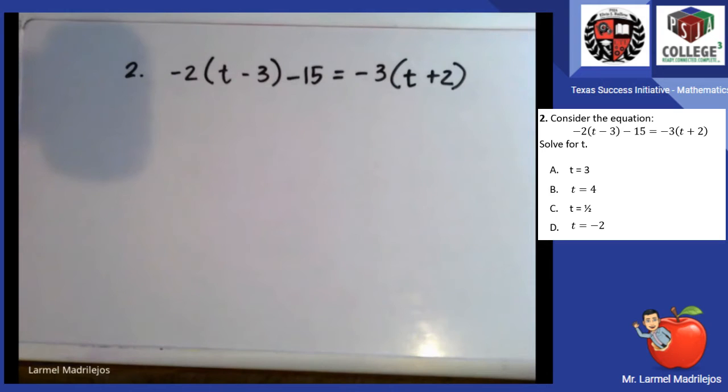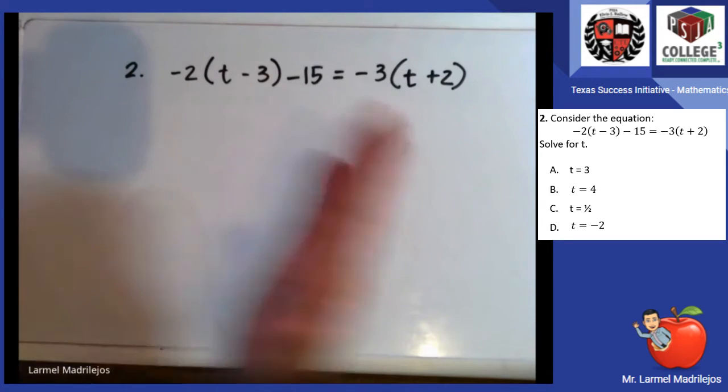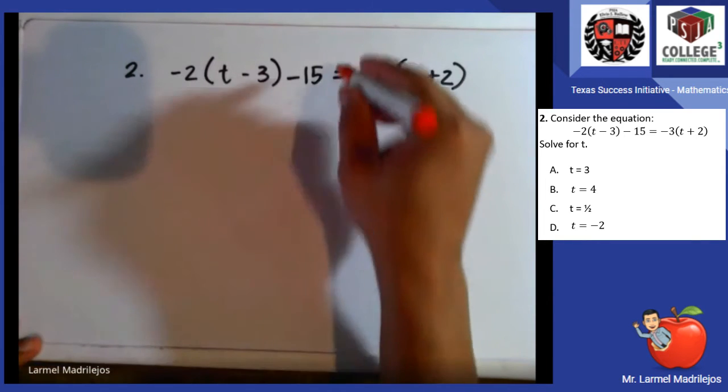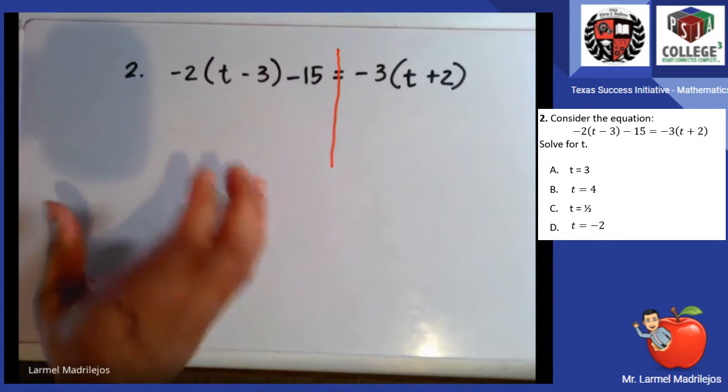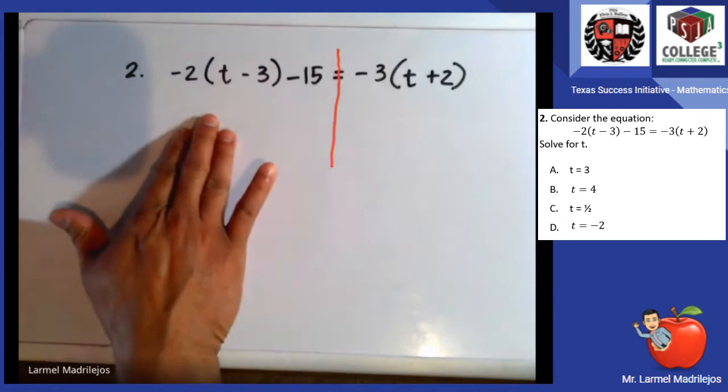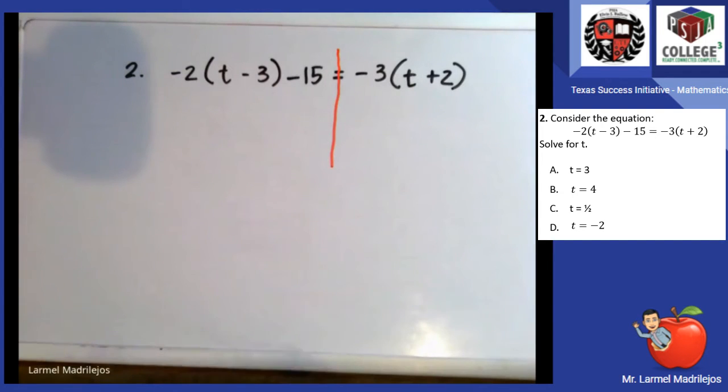So I'm going to start with, like I said, we have two sides, the left side and the right side. I need to do first whatever I can do on the left side before I move things around.